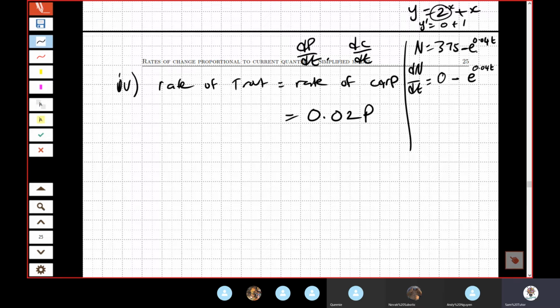They become the same, and then all you've got to do is just differentiate this. So differentiate 0.04t, which is 0.04. Do you get how I got that?